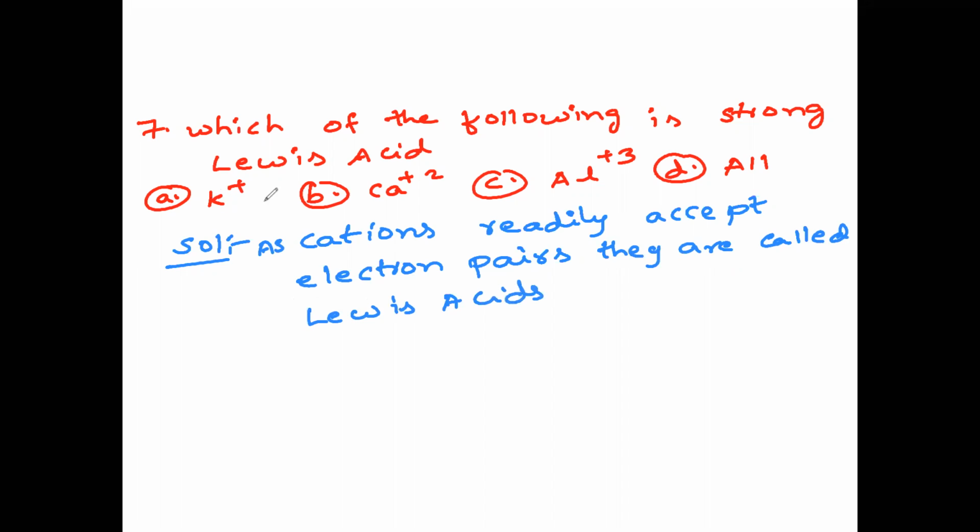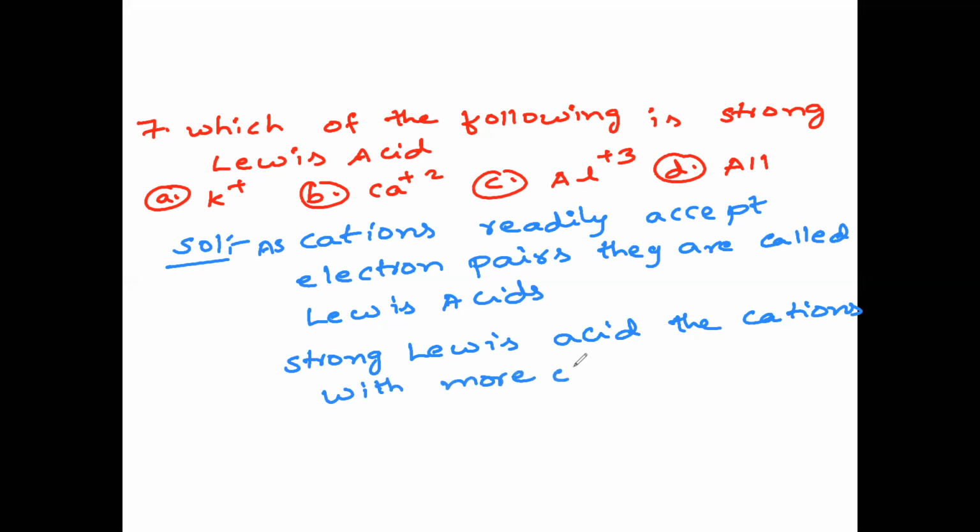So here all are Lewis acids, but which one is the strongest? The cations with more charge are strong Lewis acids.